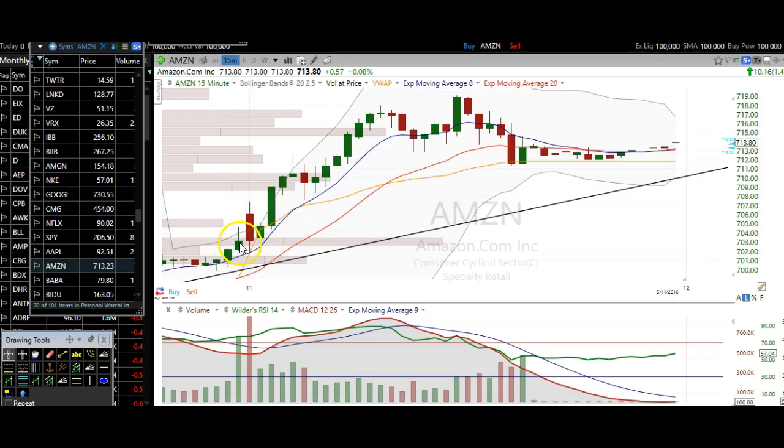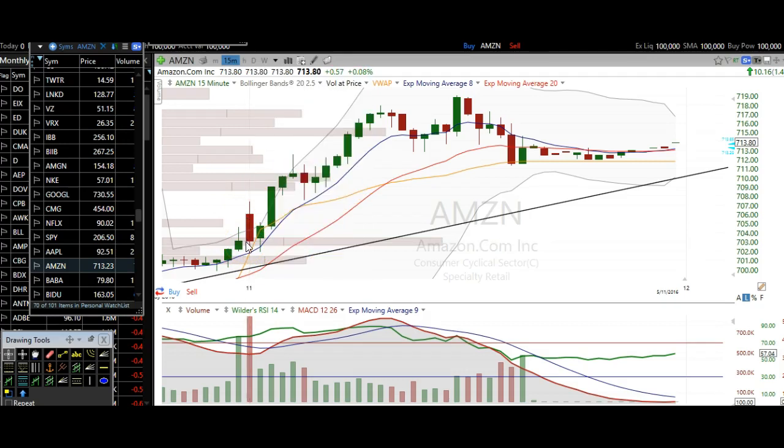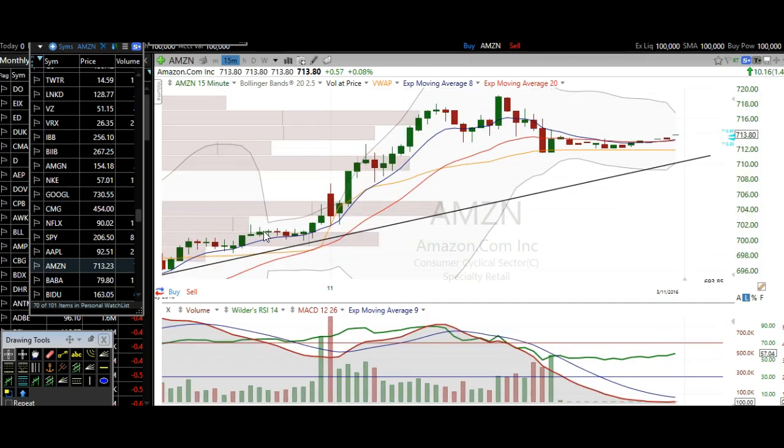So we thought it was going higher, but we wanted to get a little more confirmation, okay? Just because this candle, not the most bullish candle, closed just a few cents below yesterday's close.